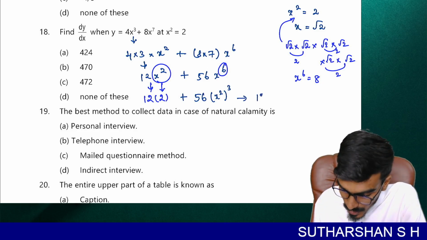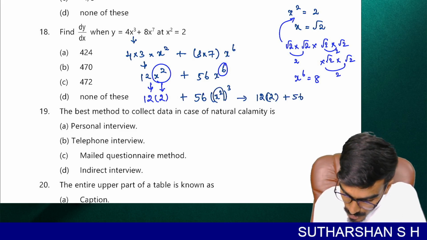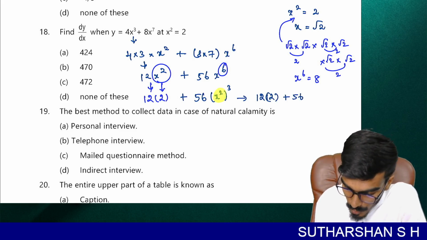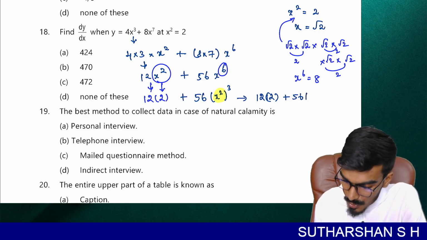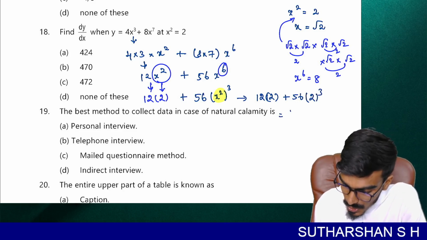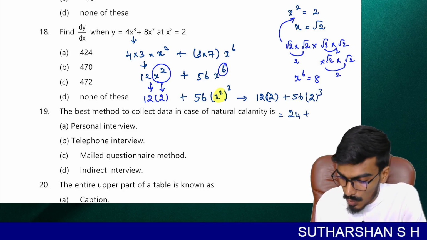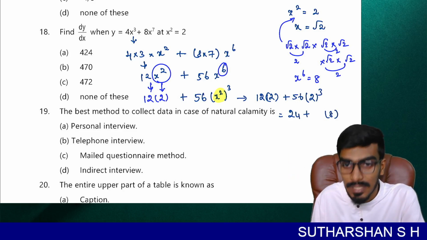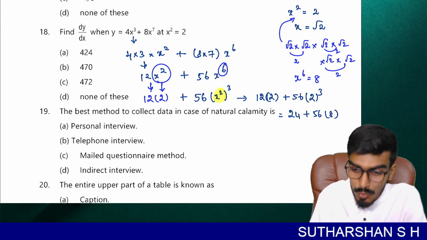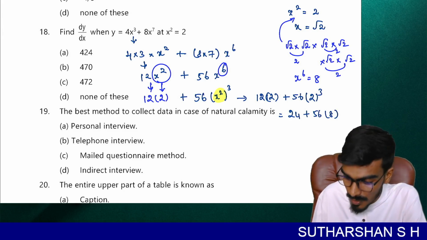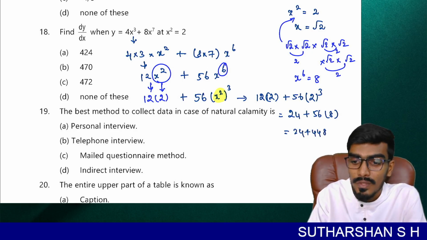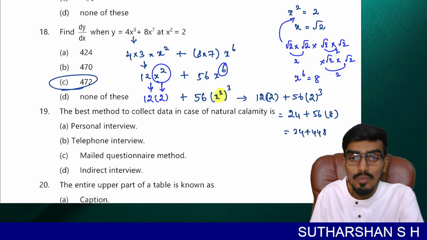Then if you substitute 12 into 2 plus 56 into this portion, I can substitute 2 cube. 12 into 2 is 24 plus 56 into 2 cube, and 2 cube is 8. Directly x power 6 is 8, guys. So 56 into 8 will be 448. 24 plus 448, which eventually 472 will be my answer.